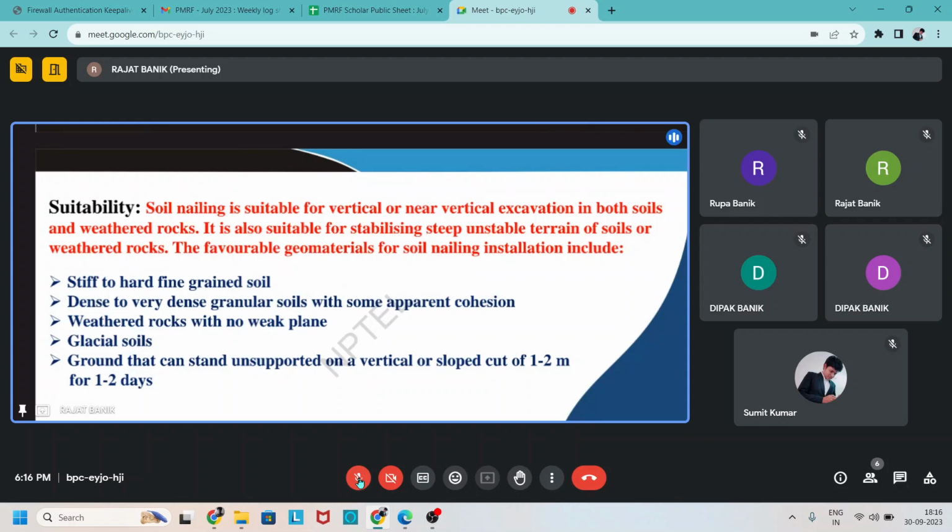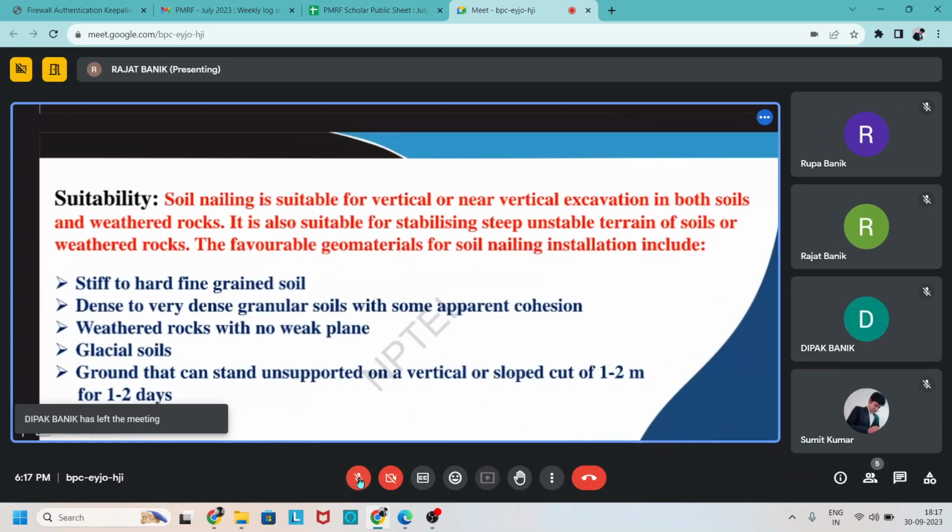Now we discuss the favorable geomaterial where soil nailing is used.